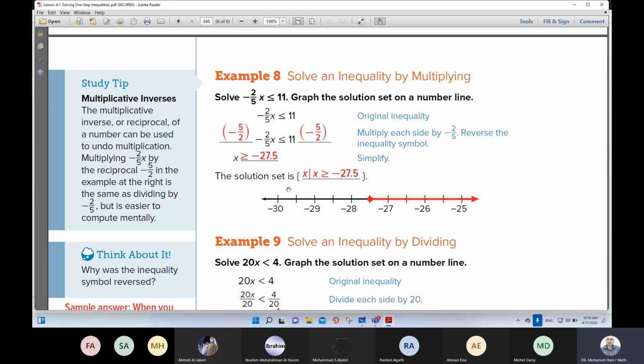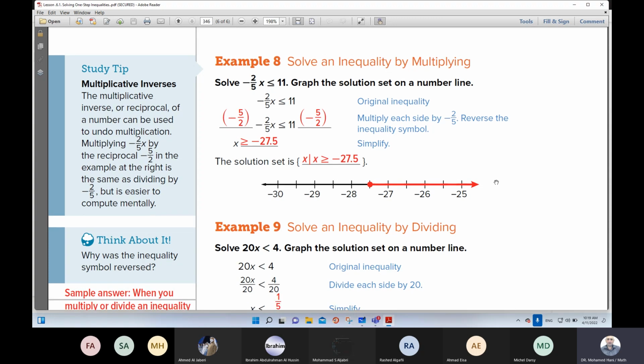Then you can write the solution set: x such that x is greater than or equal to negative 27.5. Then you can graph this solution. Negative 27.5 is between negative 28 and negative 27. We use a shaded circle because we have equal in the sign. And x greater than means the direction to the positive side.